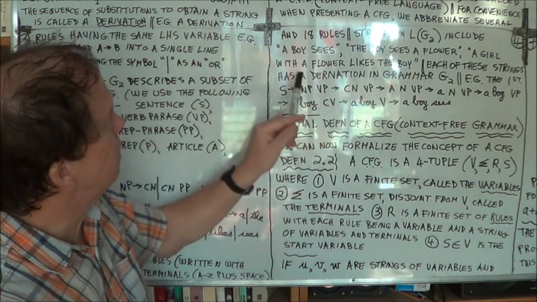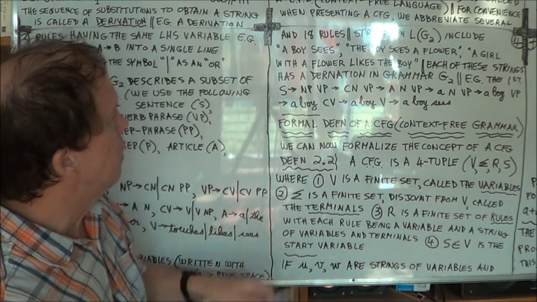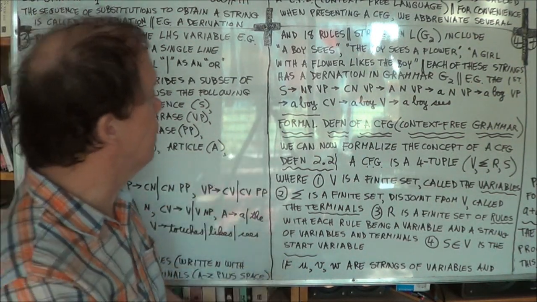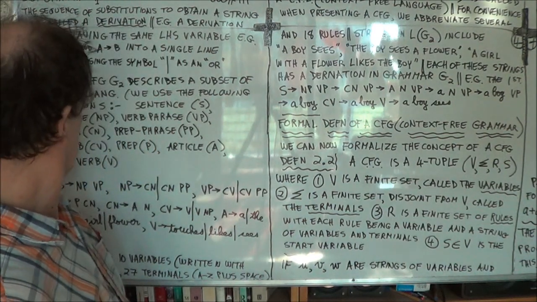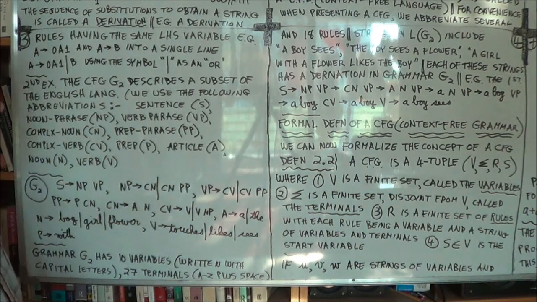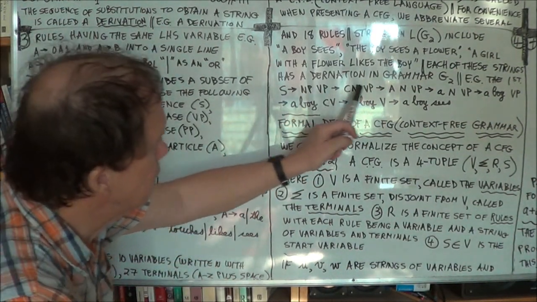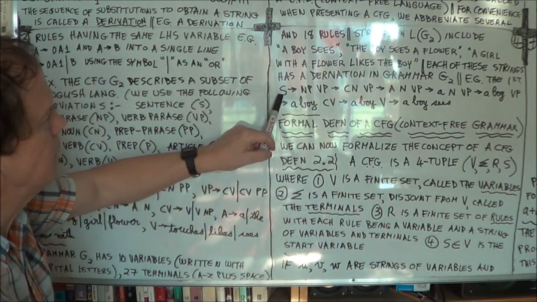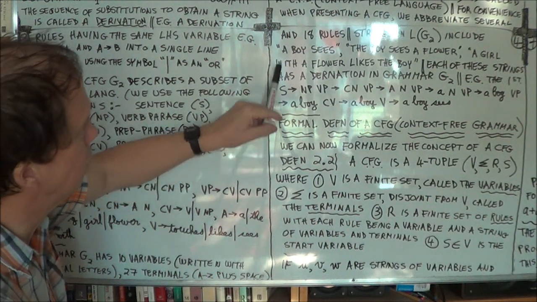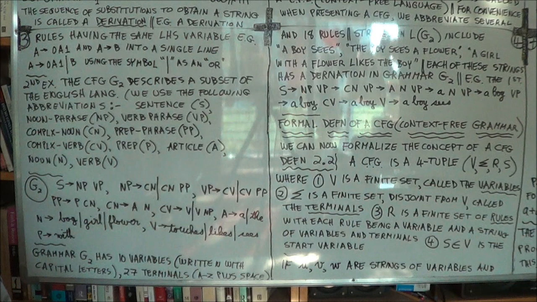Alright, so let's derive this string, a boy sees. Here's the derivation. We start with the start variable, S, and we're going to derive this string using the substitution rules, and we have 18 of them.